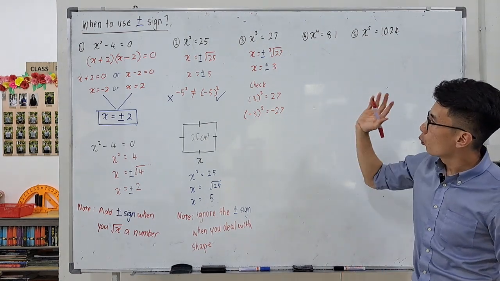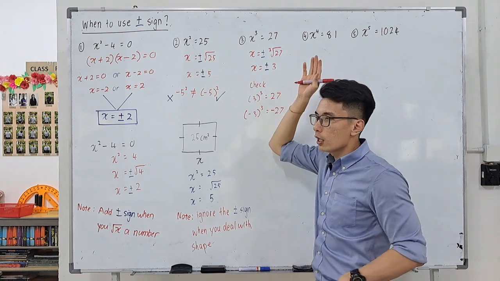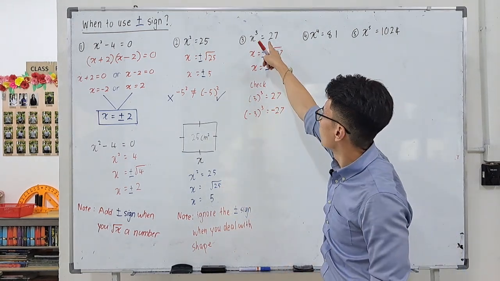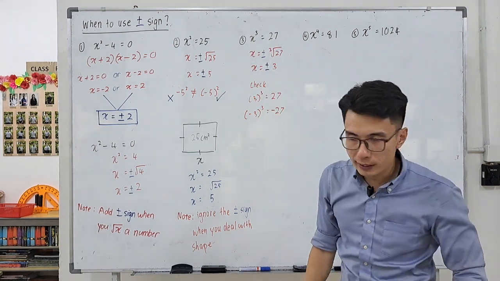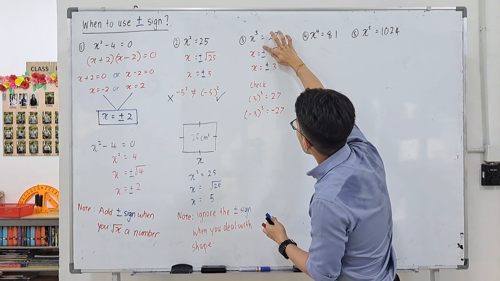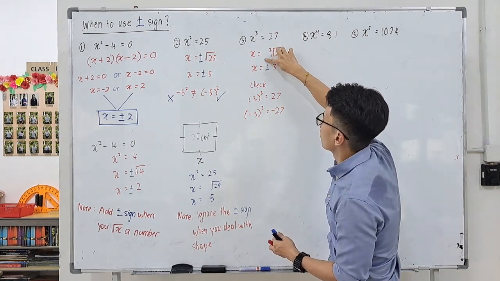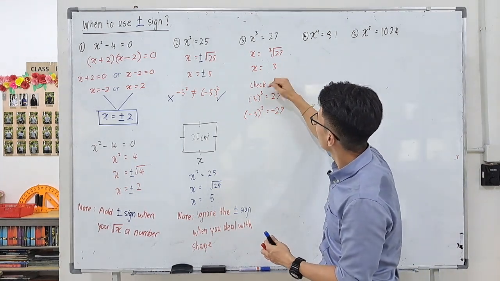So by right, what does this tell you? It tells you that when you cube root, like in this case, there will be no plus and minus. So over here, we have checked, when we cube root, there will be no plus and minus. I have already shown you over here, okay?